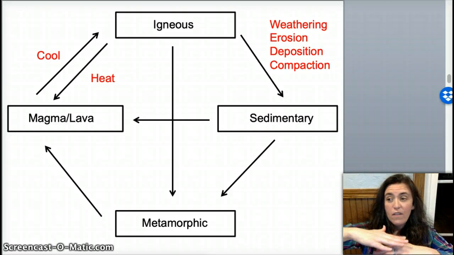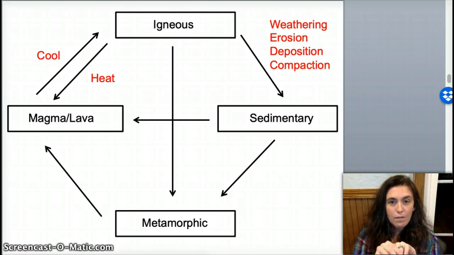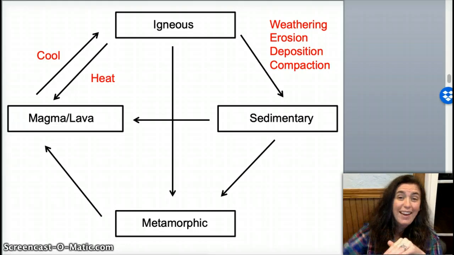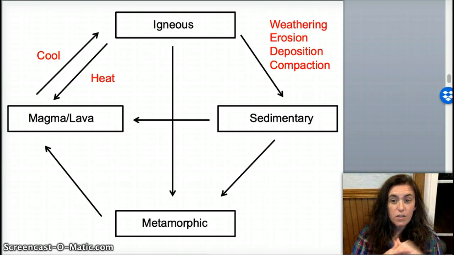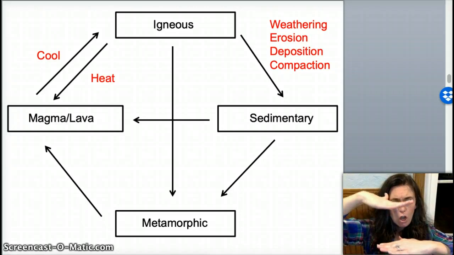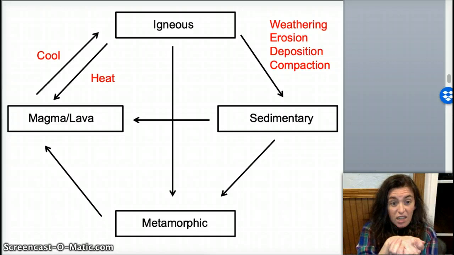Or you can have the other, like it's settling down at the bottom of a river, and so now you've got all that pressure of the sediments on top and the pressure of the water on top, pushing it down. So that's compaction. And over time, it'll get so compact that it has become a solid rock.